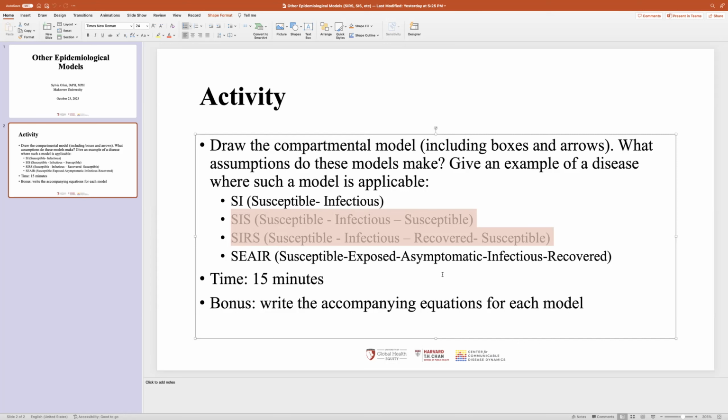I don't know whether Mongao Stephen is on the call, but we are trying to look at malaria transmission and factor in the contribution of a vector. So do we have a vector as one of the compartments, or do we constitute it under the infectious compartment?